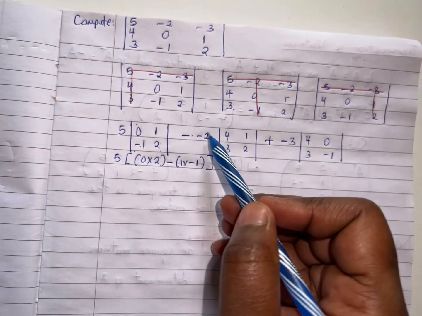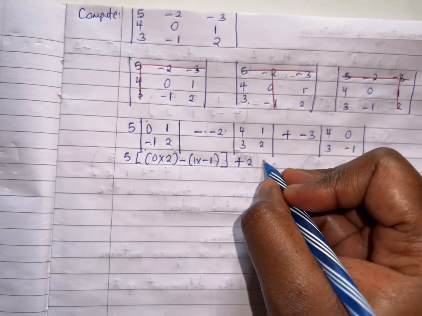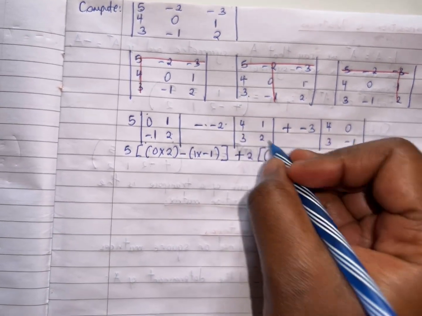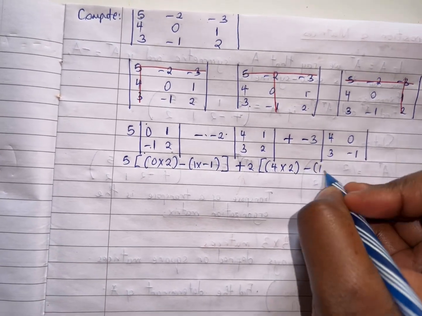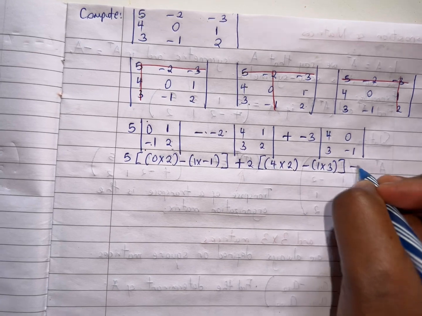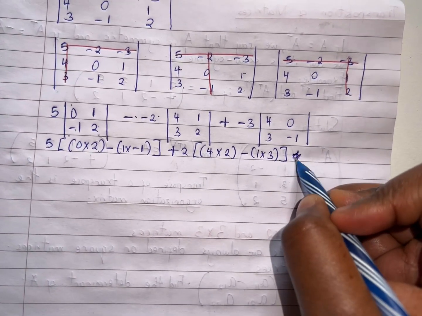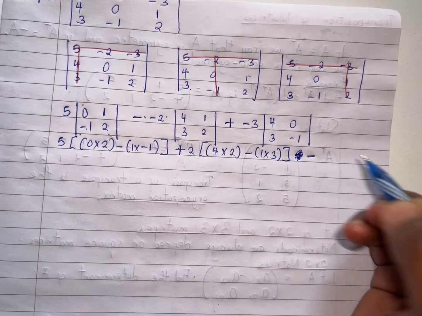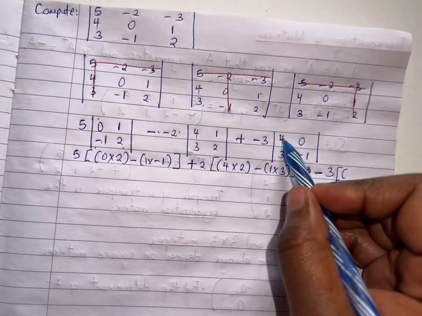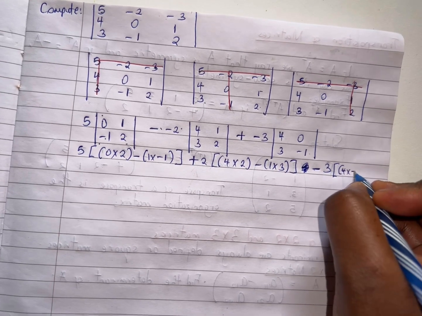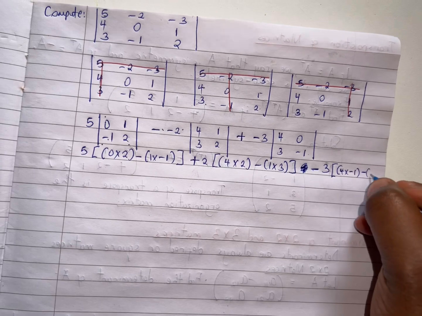So negative times a negative will be a positive 2 into 4 times 2 minus 1 times 3 plus, that is a positive and a negative, so we're going to have a negative 3, 4 times negative 1 minus 0 times 3.